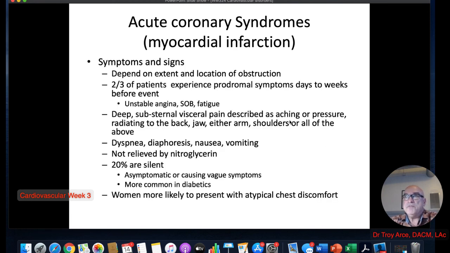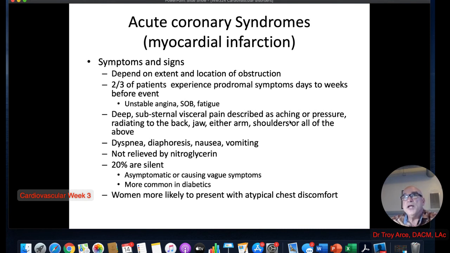Signs and symptoms of an MI depend on the extent and location. Two-thirds of the patients experience prodromal symptoms, days to weeks, to include unstable angina, shortness of breath, fatigue, and some of them have a deep substernal visceral pain described as aching or pressure. Some will tell you it feels like there's an elephant sitting on my chest.